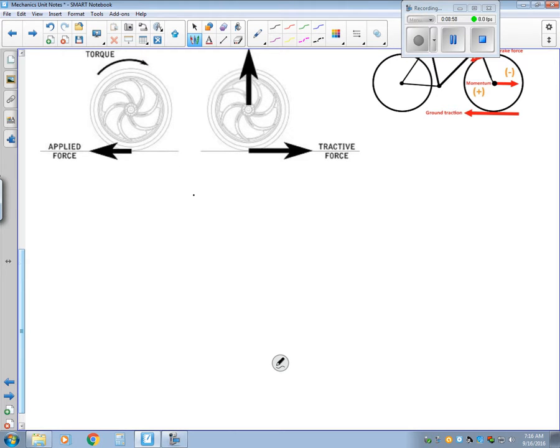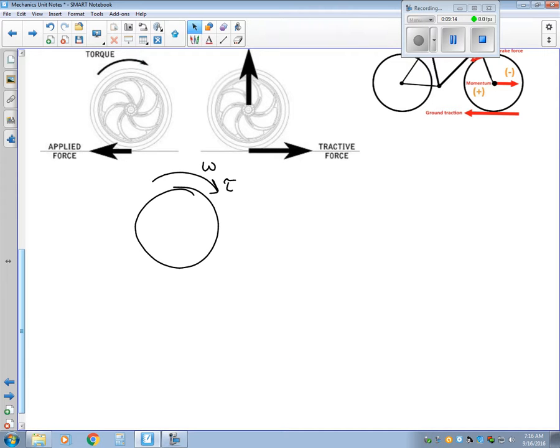So first off, we have the powered wheel. So let's say that it's being turned this way. It's spinning this way, so there's a torque rotating it clockwise here. This wheel has a radius, and it's on a surface. So since there's a torque acting on it, there's going to be an applied force going that way.